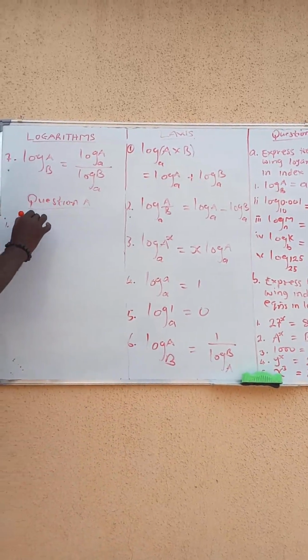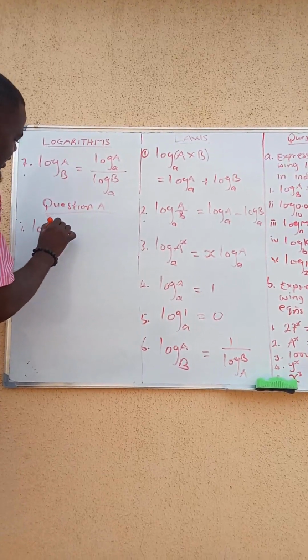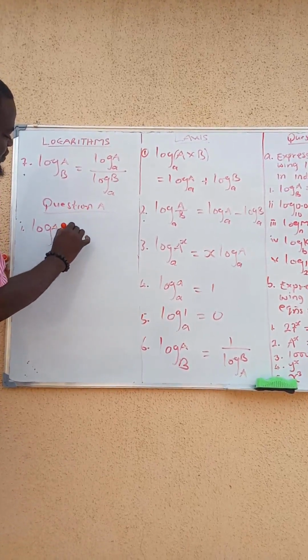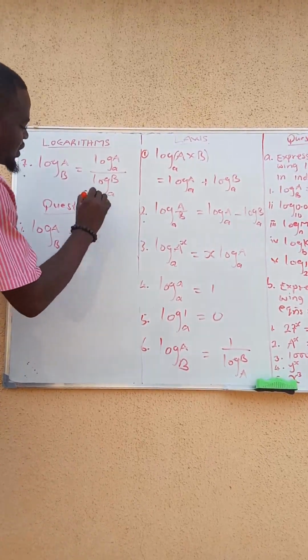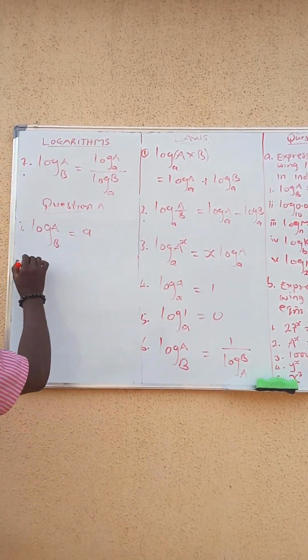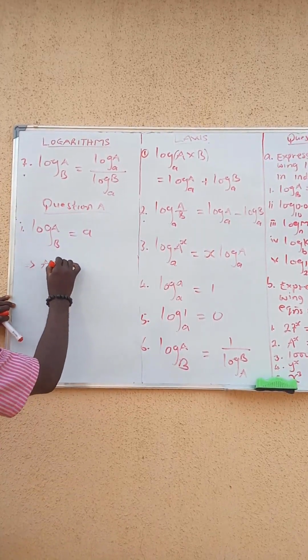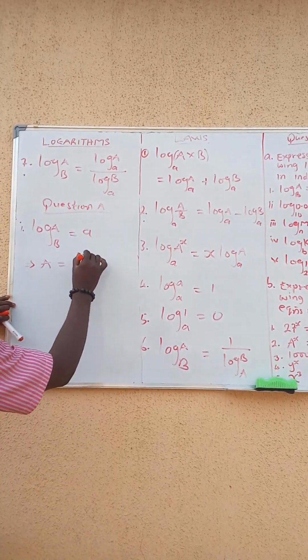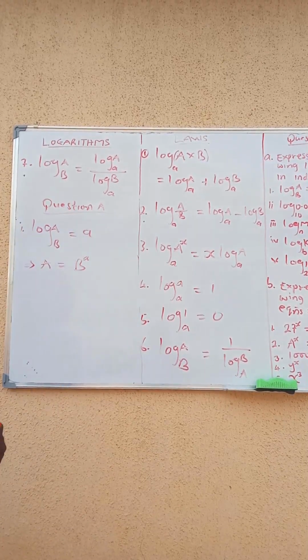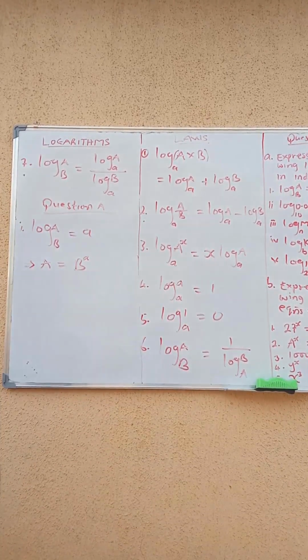Given that log A to base B is equal to A, it implies that the index form is A is equal to B raised to the power of A. That is the representation in index form.